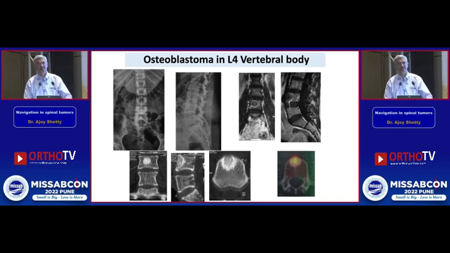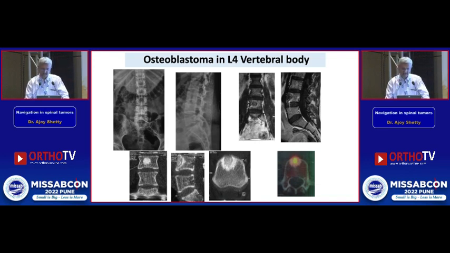Again, a case of osteoblastoma. Osteoblastoma could be two types, the sclerotic type or the lytic type. The lytic type is much more common, which needs a wider resection, whereas the sclerotic type can be treated like an osteoid osteoma. The differentiating feature between this and osteoid osteoma is the size. If it is greater than 1.5 centimeters, it's an osteoblastoma.